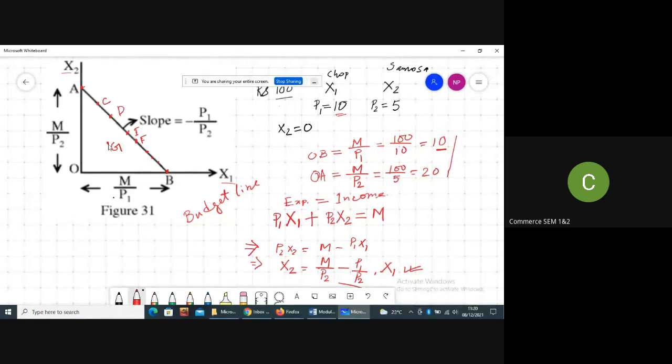This point lies within this boundary, not on the boundary line. So I'm asking you whether a rational consumer will consume at point G or not.